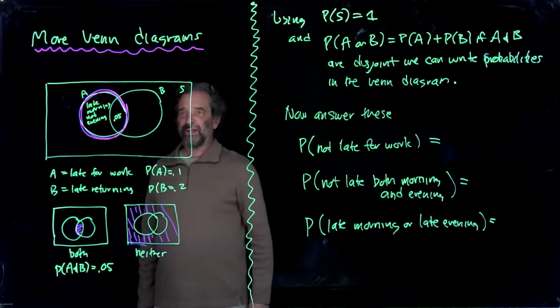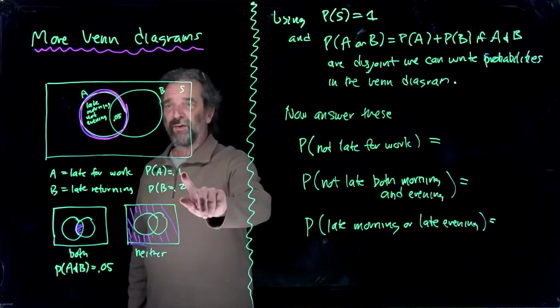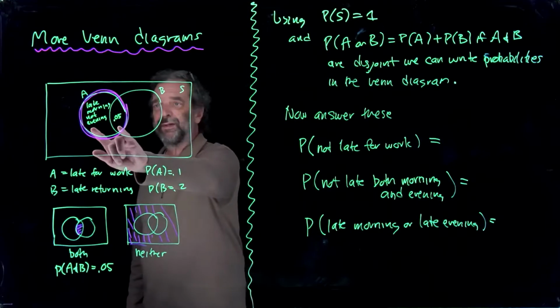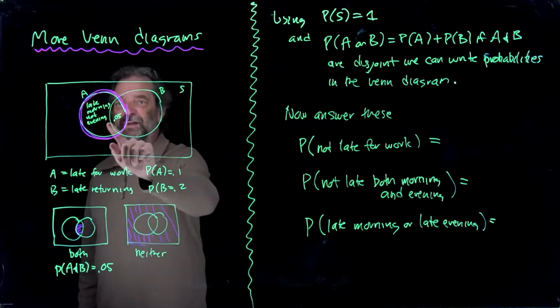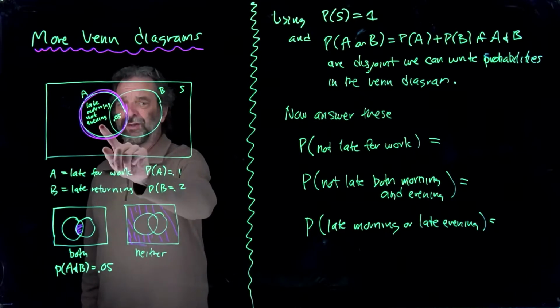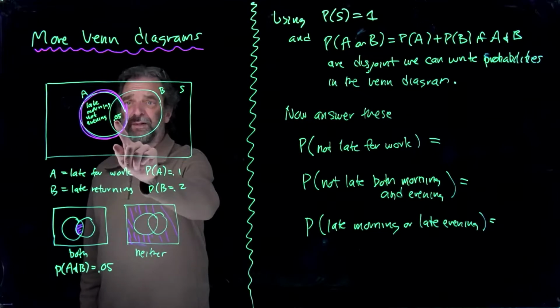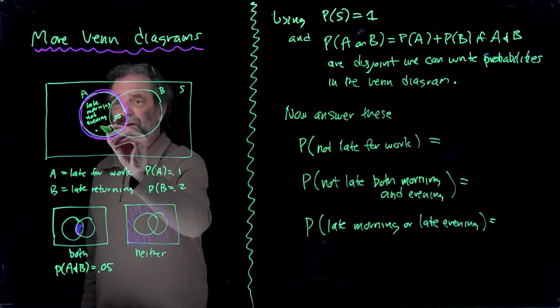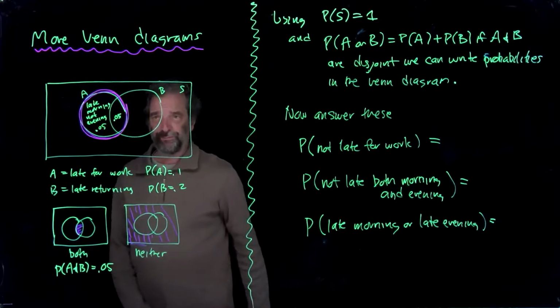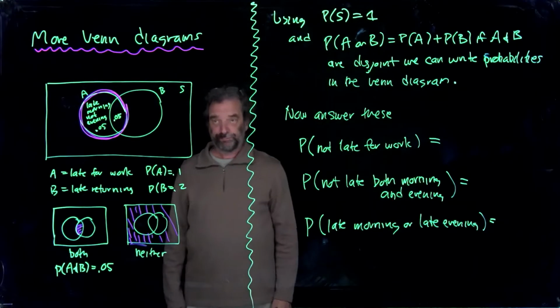I know being late in the morning is 0.1 overall. So the whole probability in here is 0.1. And these two, late in the morning and not evening, late in the morning and late in the evening, are disjoint events. So their probability should add up to the probability of one or the other happening, which is 0.1. So I'm going to put 0.05 in here. So the sum of those two is 0.1.